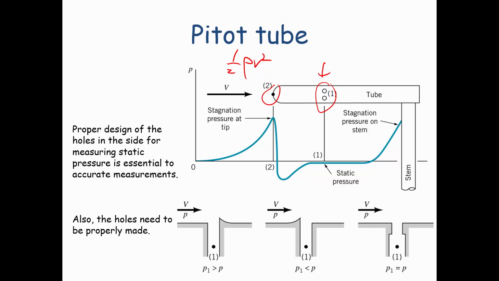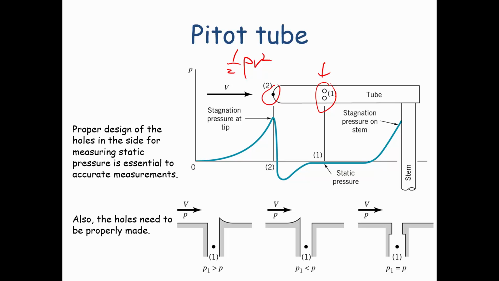Now, this diagram below is supposedly going to show us the kinds of errors that you can have in measuring the static pressure. Not the stagnation pressure, but the static pressure. So it's very important that the holes that are put in there not have any kind of imperfections. And P here is the actual static pressure, which we want to measure very accurately.